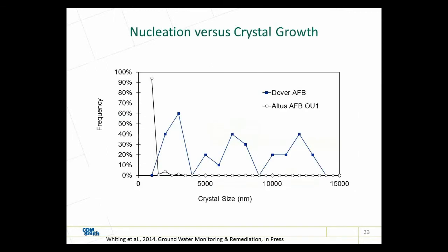If we also do some geochemical modeling and use the electron microprobe, we can see distributions of these grain sizes. With Altus Air Force Base, we saw this median grain size of about 1 micron, or 1,000 nanometers, and it was mainly a monodisperse distribution. Whereas if we look at Dover Air Force Base, we see a polydisperse distribution of different grain sizes.